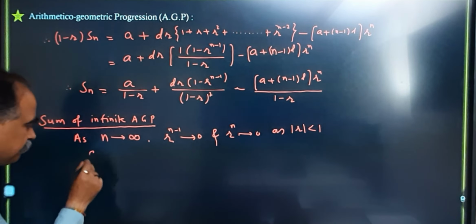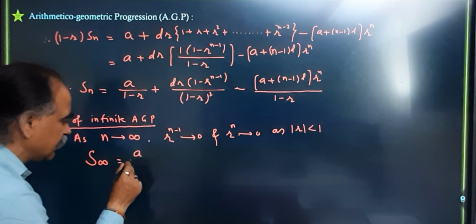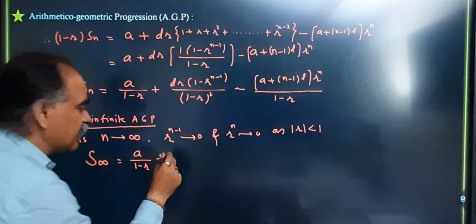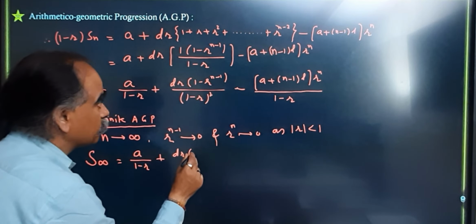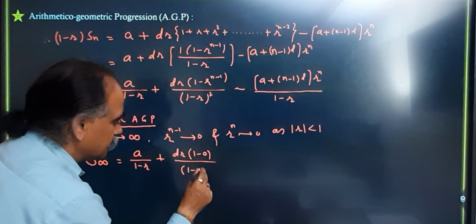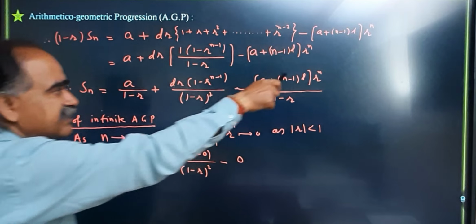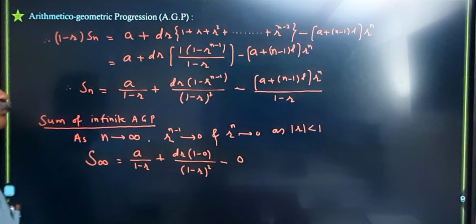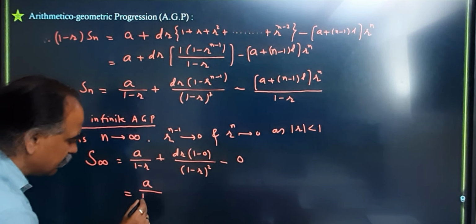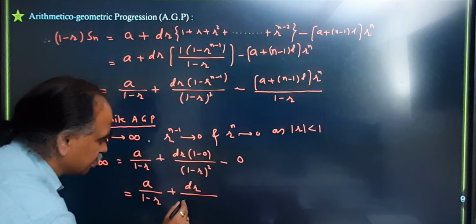So S infinity of AGP will give you A upon 1 minus R, plus DR into bracket 1 minus 0 divided by 1 minus R square, and this will also become 0 because R raised to n is 0. So 0 multiplied by anything is 0. It is A upon 1 minus R, plus DR upon 1 minus R the whole square.